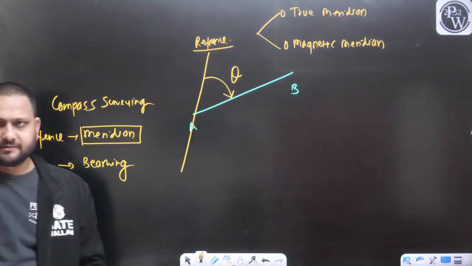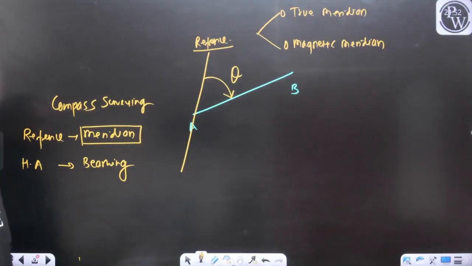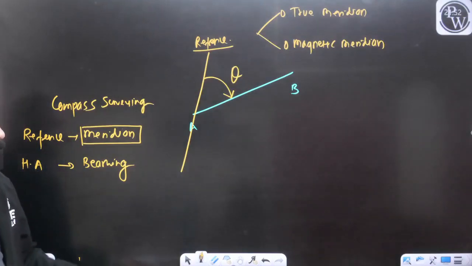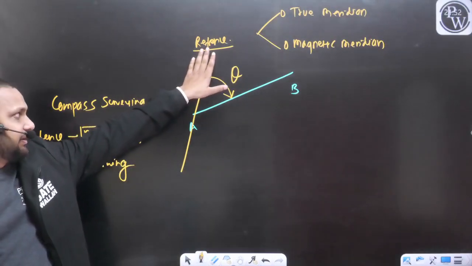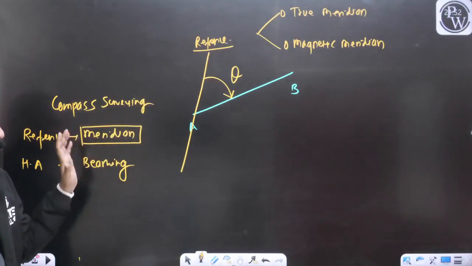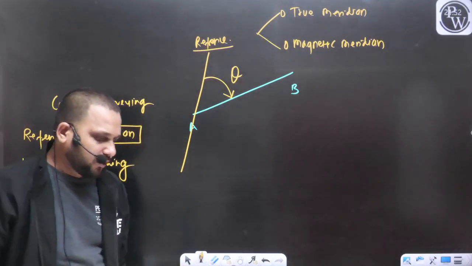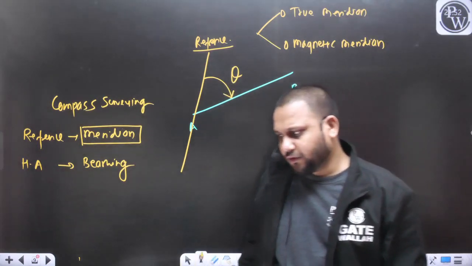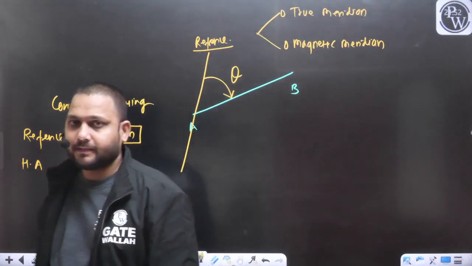That we will discuss, don't worry. What is the true meridian? What is the magnetic meridian? As of now, we know our reference line; for that we will use the term meridian, and there will be two types of meridian.